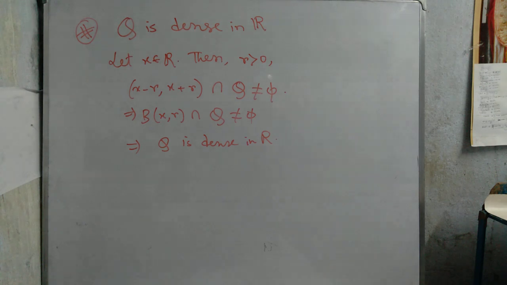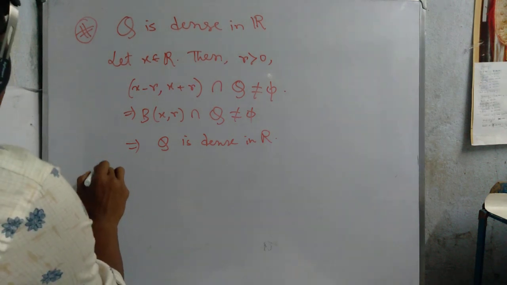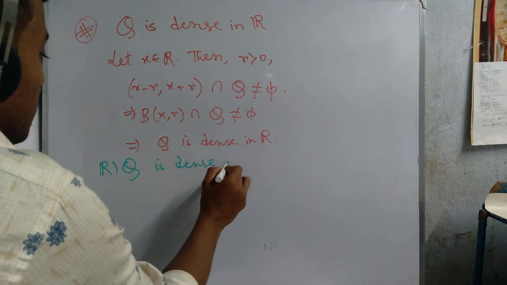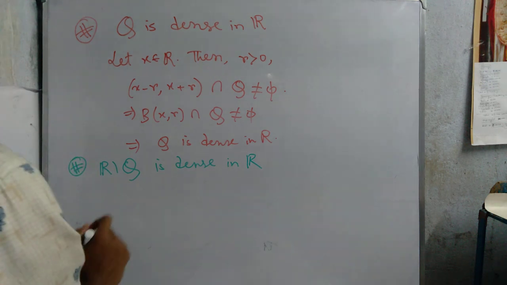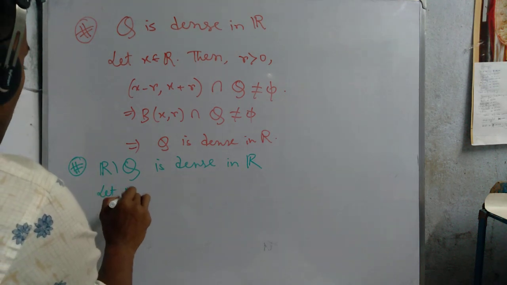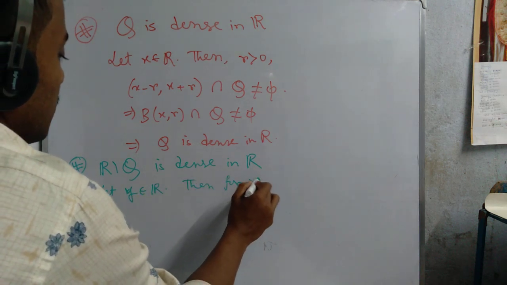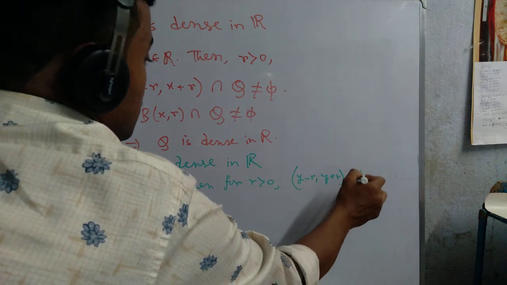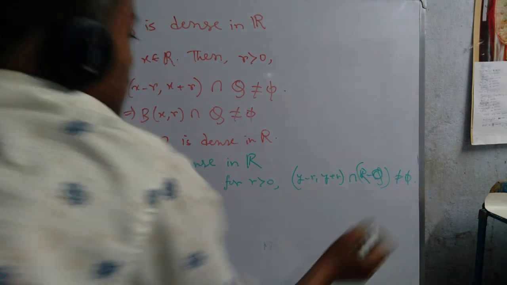Now we talk about another portion. This one is simply R minus Q is dense in R. So how do we show it? Take y belonging to R. Then for r greater than 0, (y minus r, y plus r) intersection R minus Q is not equal to phi.